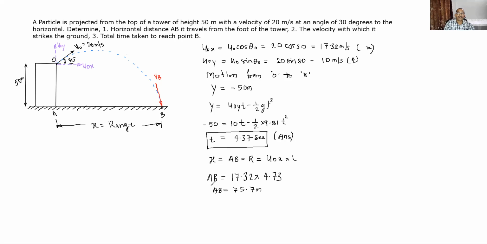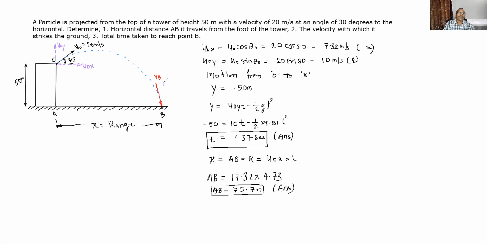So this is asked in the problem. This is the first part of the problem, so this is the answer of the first part. Now what is the problem asking? The velocity with which it strikes the ground. It strikes the ground at B, so we want VB. Directly, such an inclined velocity is not possible to find.